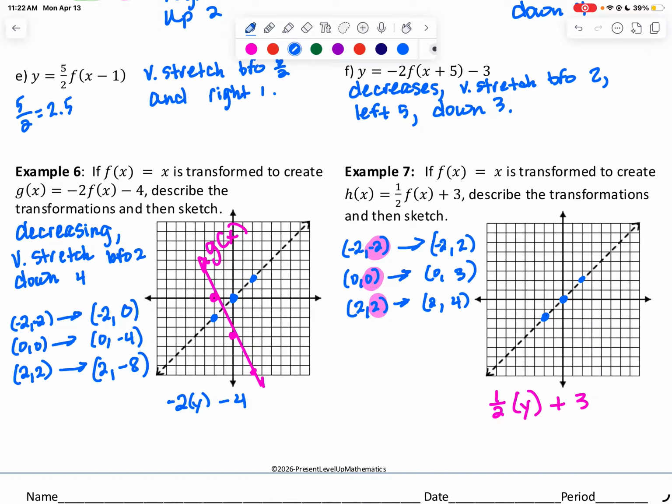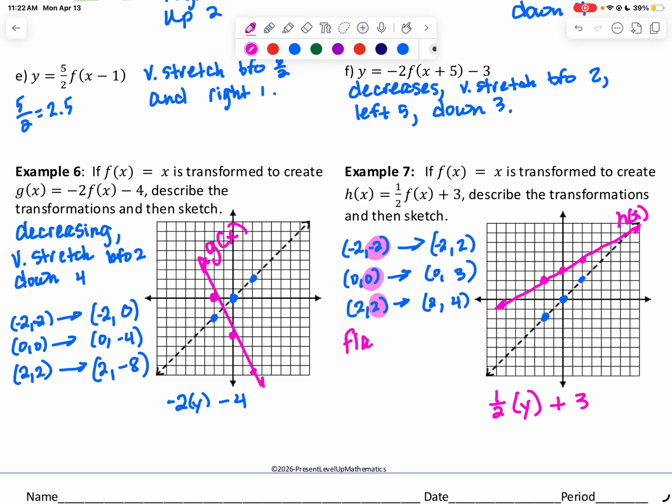So let's plot those. Let me change colors here. -2, +2. 0, 3. And 2, 4. So this is h of x. So our line got flatter.